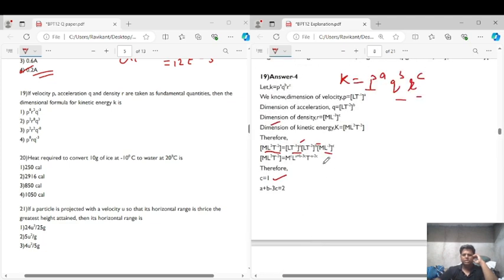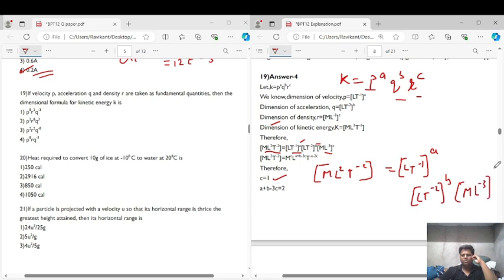See, what we have is M L square t minus 2, this is kinetic energy, is equal to velocity L t minus 1 raised to the power of a, into acceleration L t minus 2 raised to the power of b, into density M L minus 3 raised to the power of c.